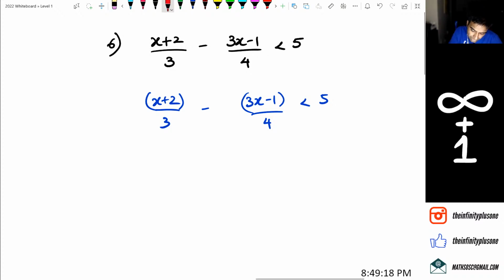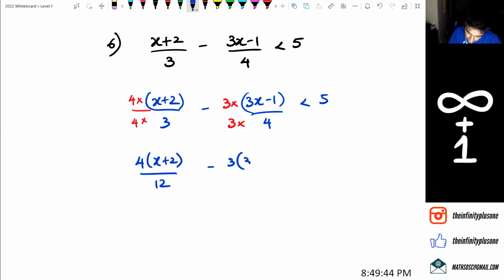Right, so because 12 is the lowest common multiple, I'm going to multiply the denominator by 4 and the numerator by 4, and on this side I'm going to multiply the numerator by 3 and the denominator by 3. Okay, so by doing this, what I've got here is 4x plus 2 over 12 minus 3x minus 1 over 12 is less than 5.